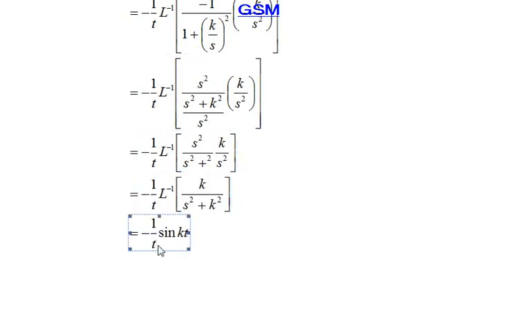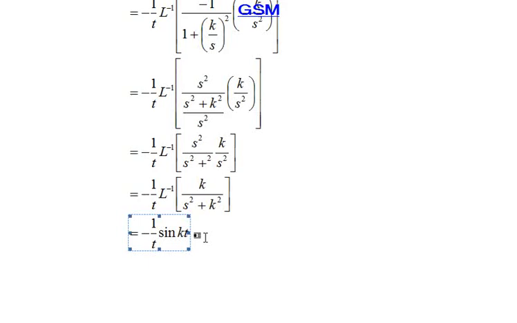So this is the answer. The next step: minus 1 by t L inverse of s squared divided by s squared plus k squared into k by s squared. Here the s squared will be cancelled, remaining k by s squared plus k squared.